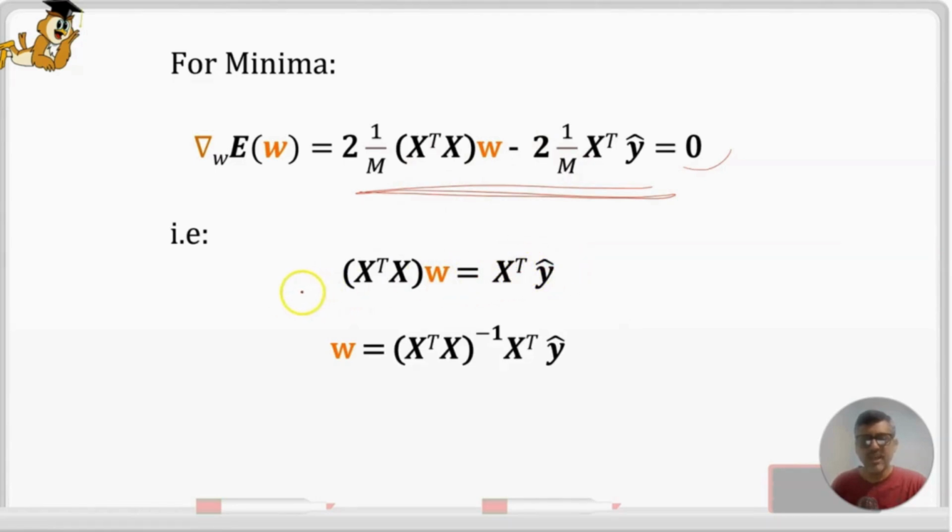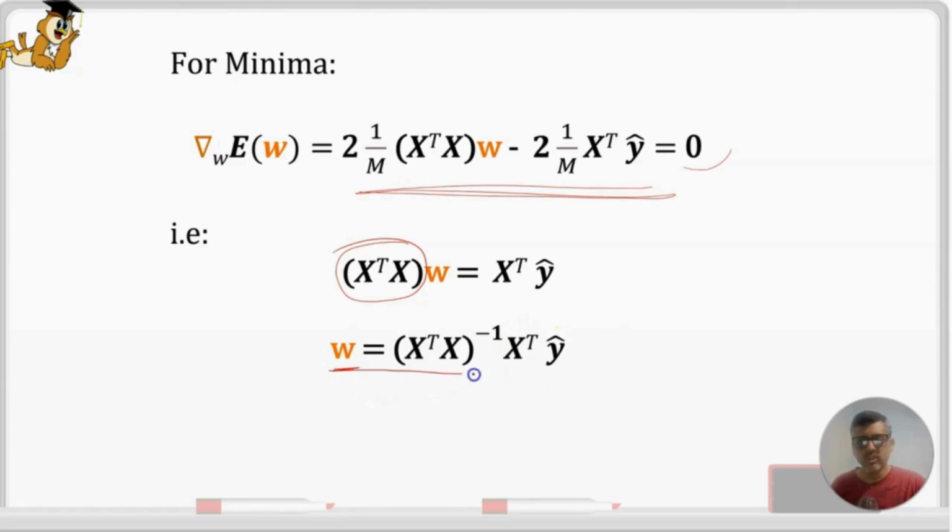Okay, and if I multiply both sides of this equation by the inverse of this matrix, I get w, the vector of weights, is equal to x transpose x inverse multiplied by x transpose y hat.